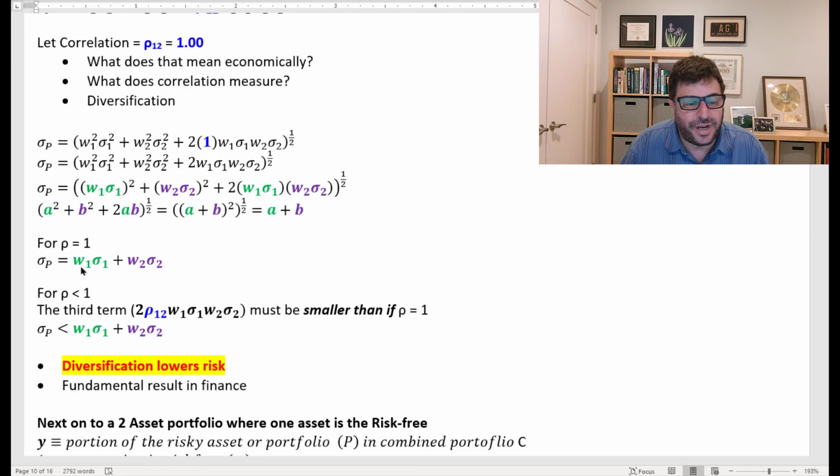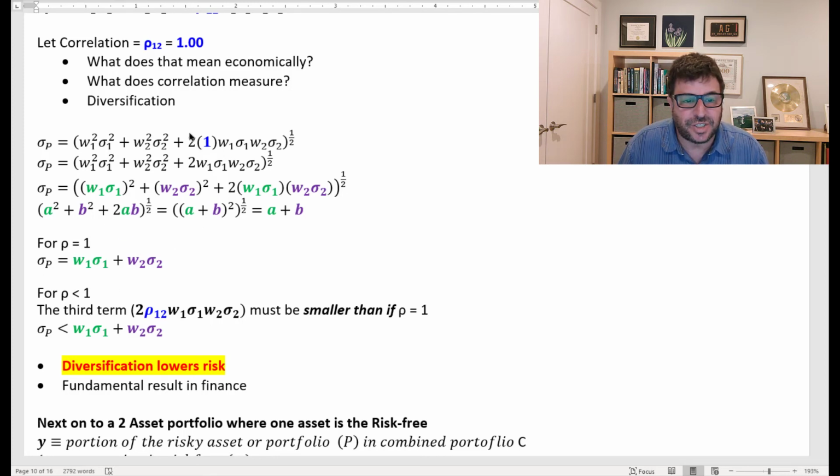It's just the weighted average of the risk of the two components. It's the weight of asset 1 times its risk, and it's the weight of asset 2 times its risk. Now, what that means is that when there is no diversification, when the correlation coefficient is equal to 1, this is the portfolio's risk.